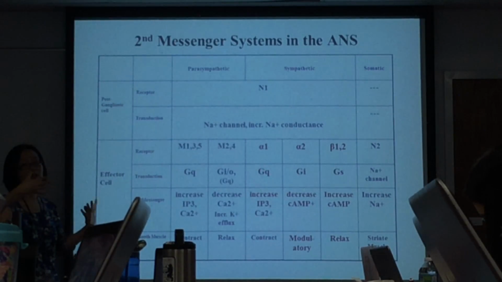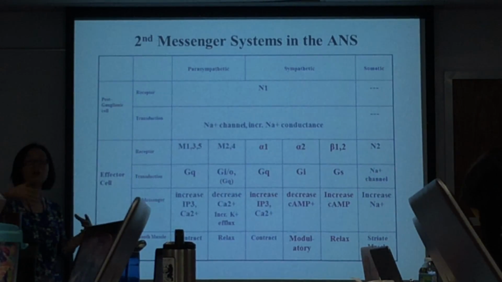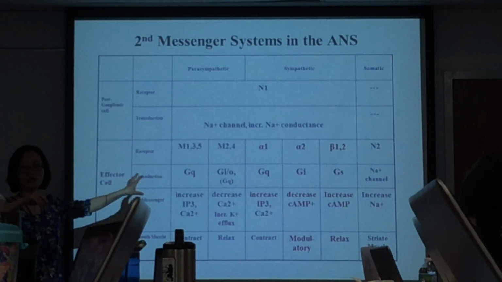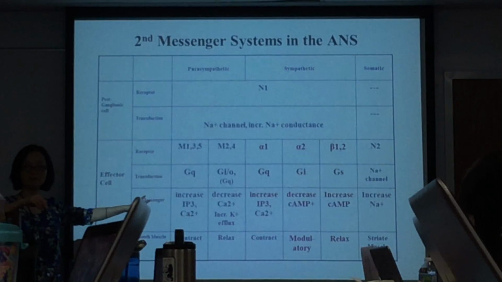If I say you have an overstimulated condition, what approach can you use to attenuate or strengthen the situation? You don't have to memorize everything, but if you have this concept, you can understand a lot.